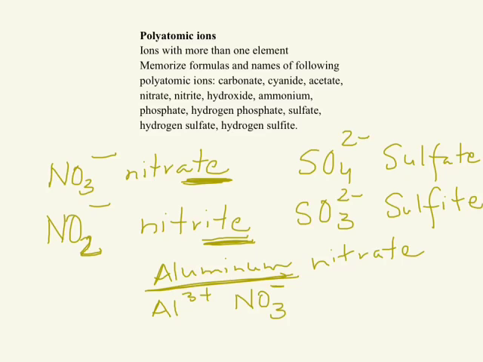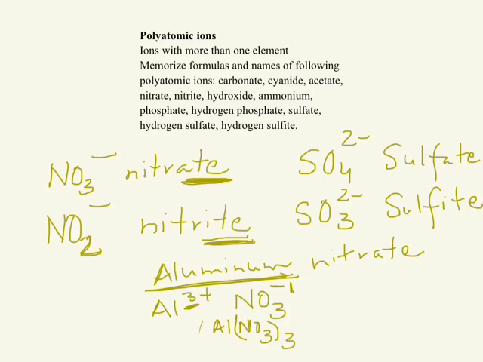Or the easy way is to swap the numbers. You write down the metal first, then the polyatomic ion. What's the number on aluminum? 3. That becomes the subscript of NO3. And what is the number on NO3? No number means it's 1, and we do not have to write down 1. So the formula will be Al(NO3)3, aluminum nitrate.